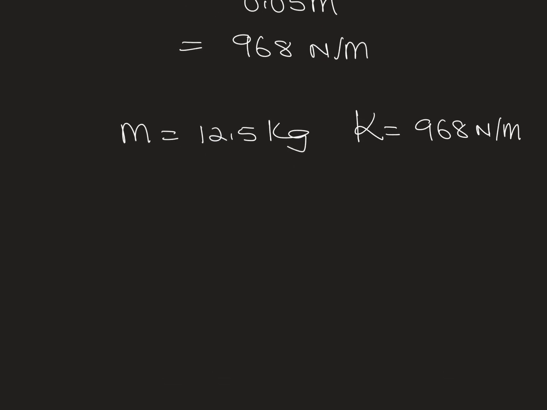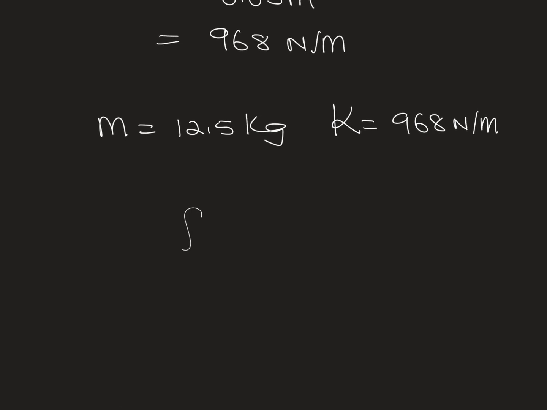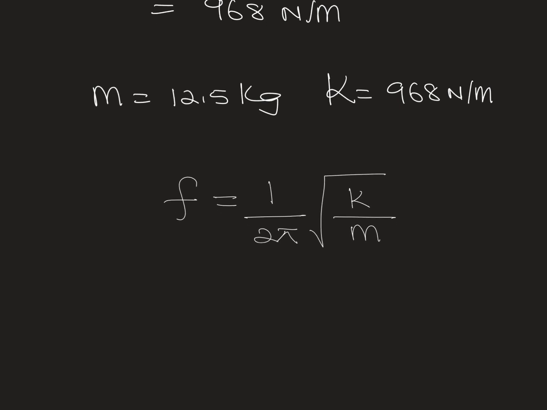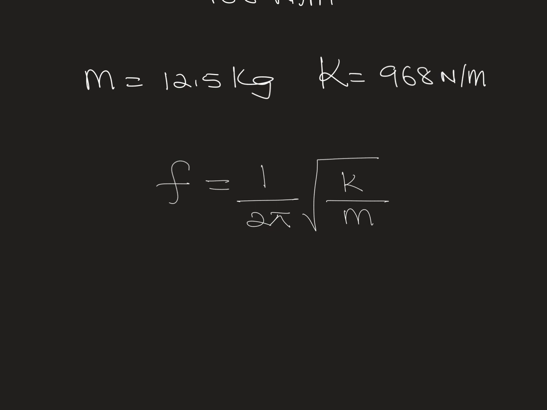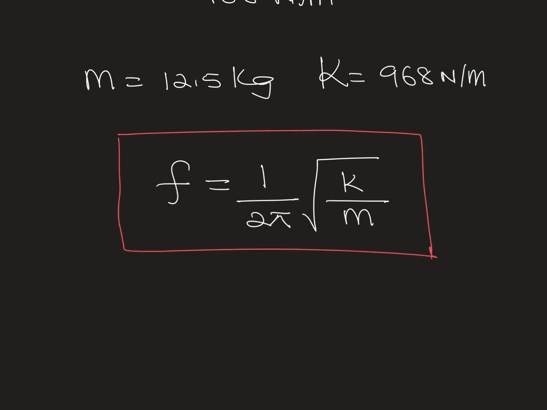Well, you have two formulae that you can use. Frequency is equal to 1 all over 2 pi the square root of k divided by m. So that is one of the formulae associated with the frequency.